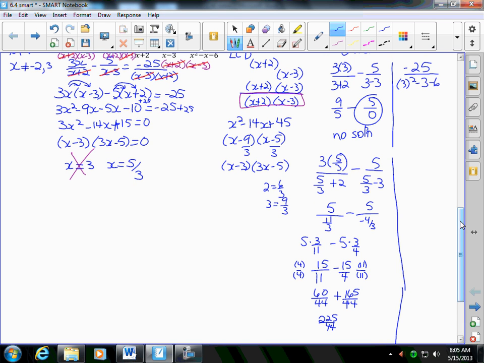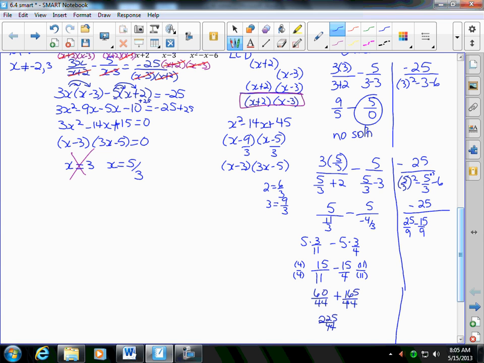I'm substituting in a 5/3. So I have negative 25 over 5/3 squared minus 5/3 minus 6. So I have negative 25 over 25 over 9. Remember, you square top and bottom. And I might as well change these, since these have a denominator of 9 here. 5/3, a denominator of 9 means I'm going to multiply by 3, so minus 15 over 9.